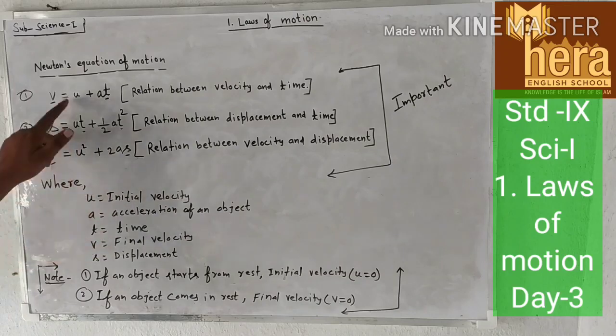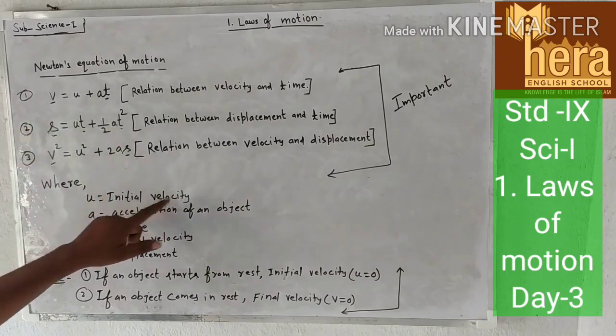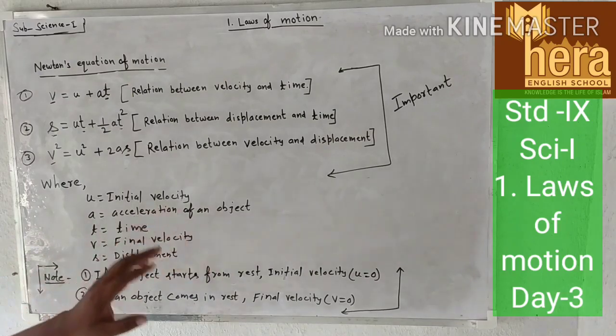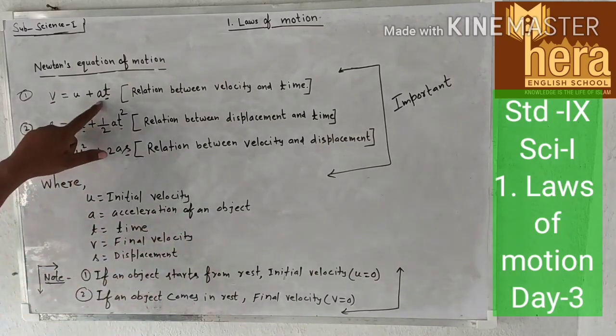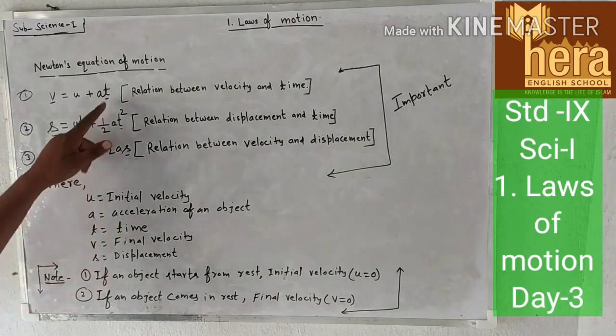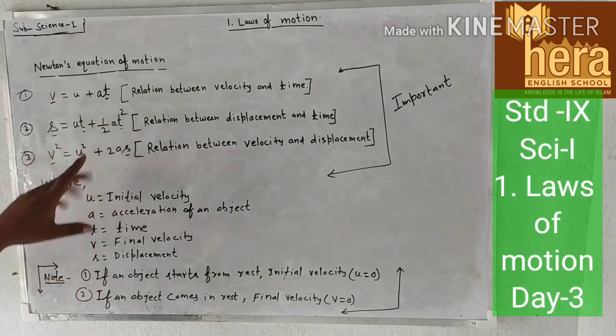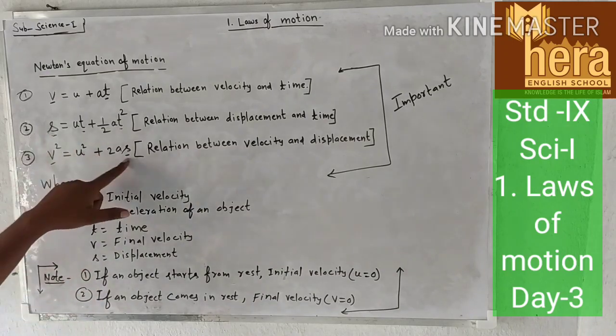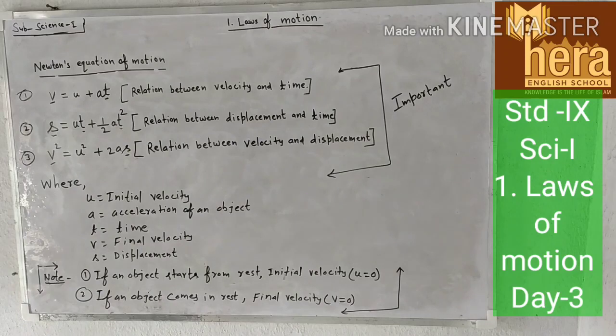u is the initial velocity, a is the acceleration of an object, t is the time, s is the displacement.